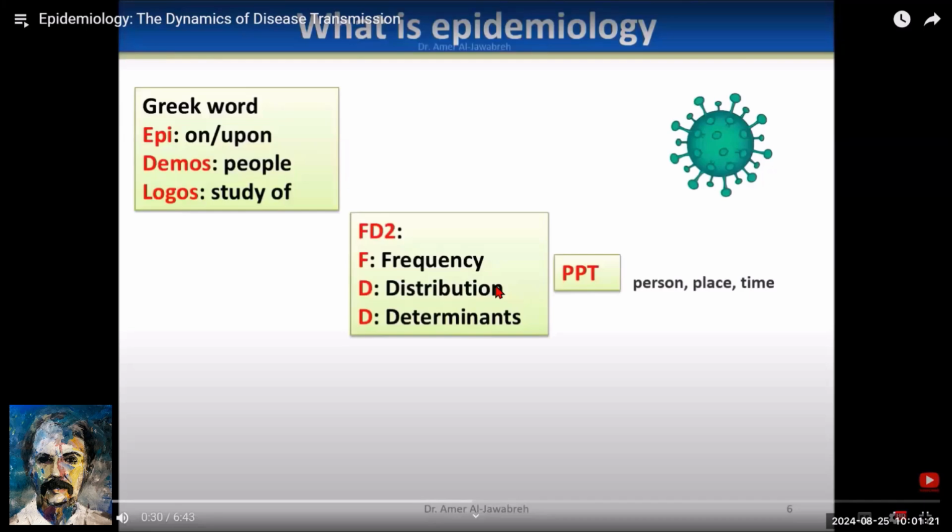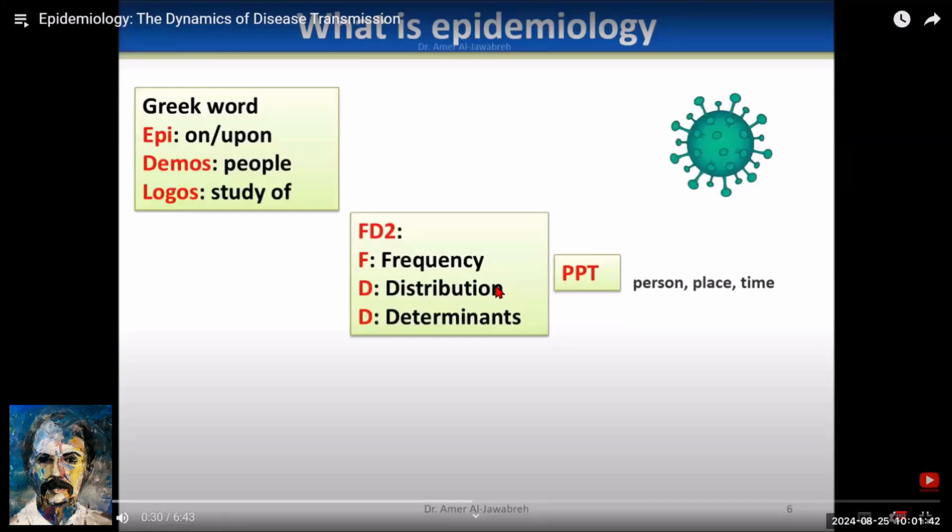Or, more professionally, you can give a rate. If our city is 100,000 and we have 20 cases, then we have 20 per 100,000. Or if our city is 1 million and we have 20 cases, then we have 2 per 100,000, for instance. That's a rate. So this is the frequency, given as raw or given as rate.